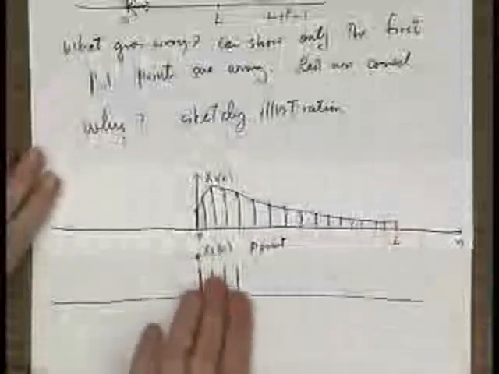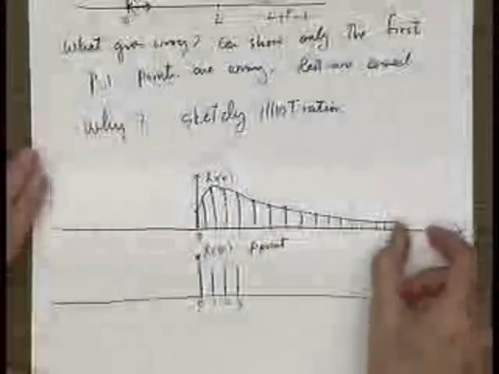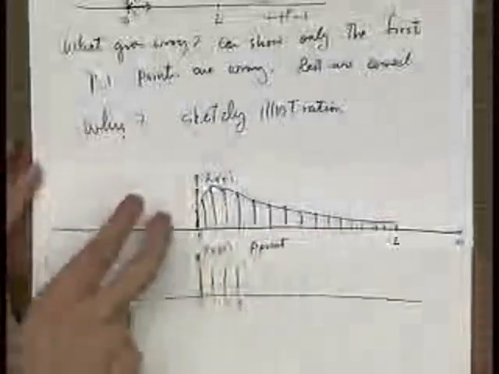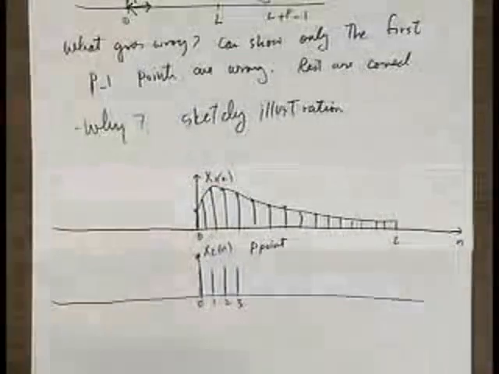I'll periodically pad this with P zeros, then periodically repeat the whole thing, and then do the circular convolution.